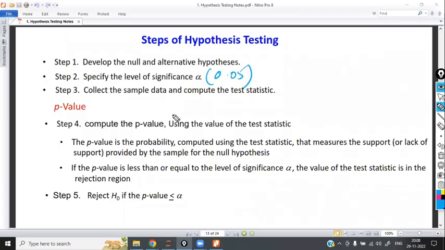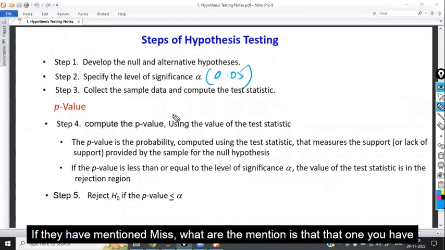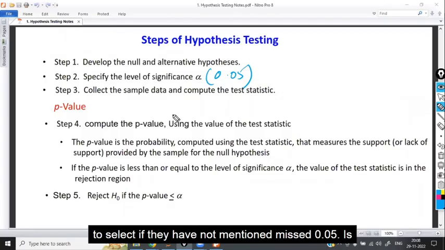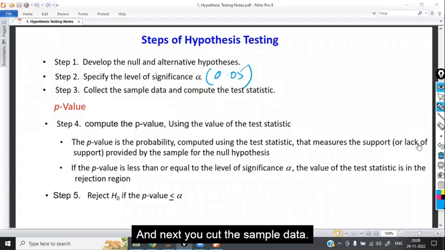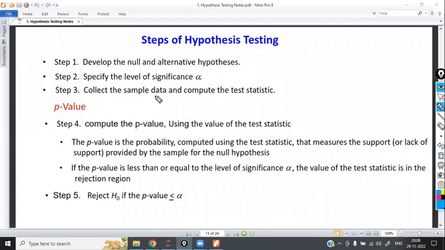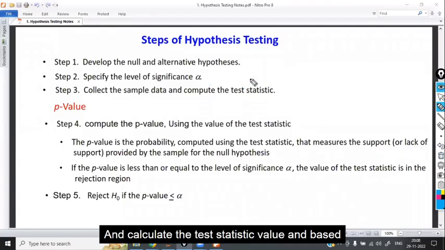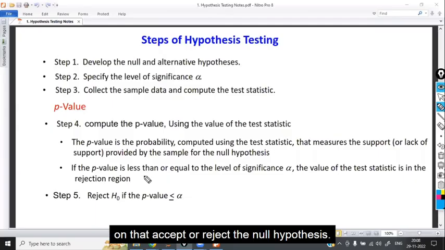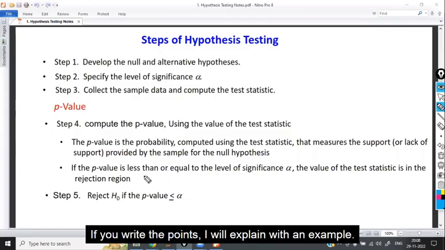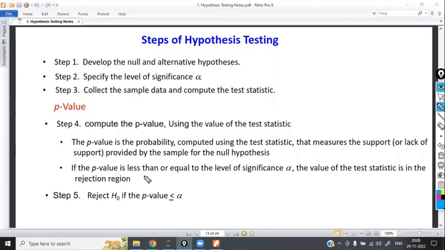If they have not mentioned it, 0.05 is the default value. Next, you collect the sample data and calculate the test statistic value, and based on that accept or reject the null hypothesis.